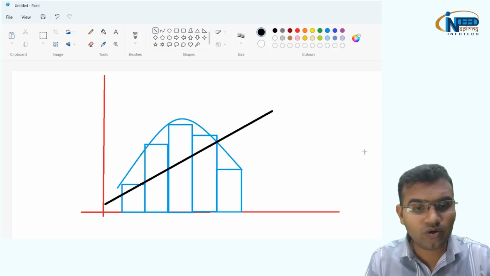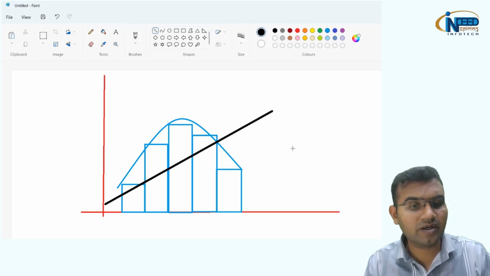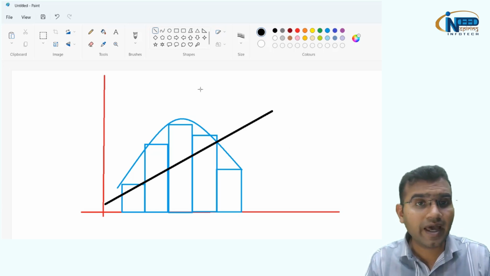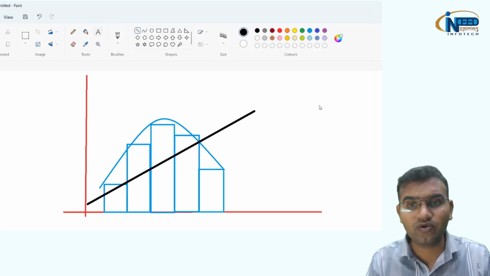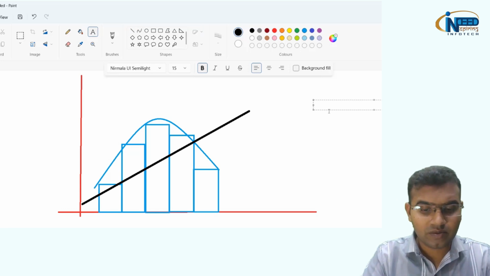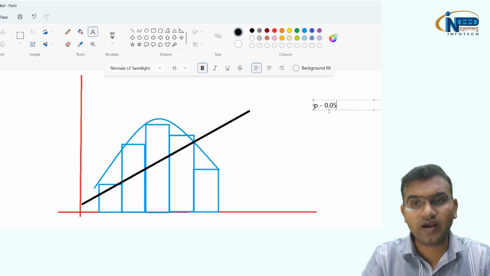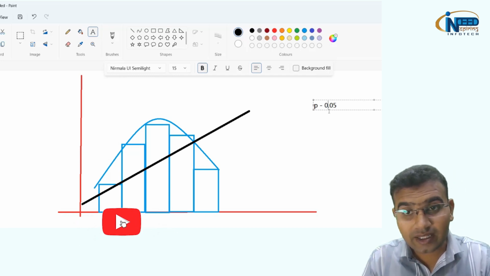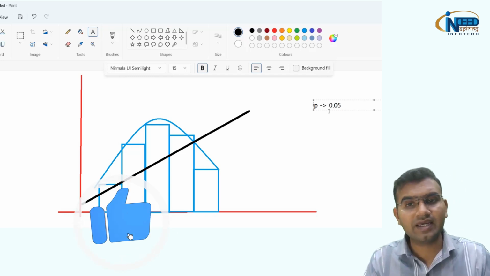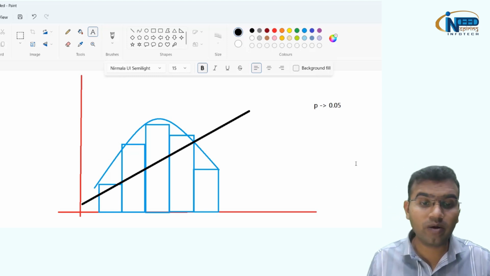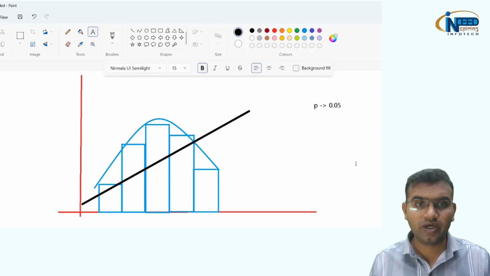Then we can also perform the KS test or the Shapiro-Wilk test. If we get a p-value of 0.05 or greater, then we can say that there is not much deviation from the normal distribution. So this is what we are talking about: the error or the residuals.